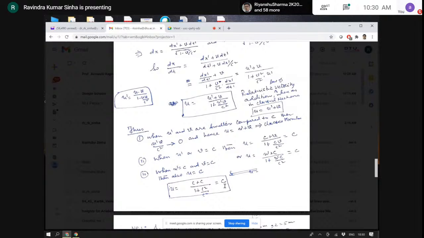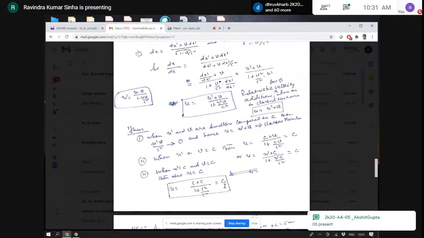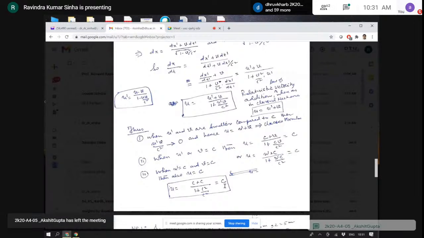Say one is moving at 0.8 c and the other at 0.5 c toward it. Classically the relative velocity would be 1.3 c, but it will not be. Using the Lorentz law of addition of velocities, we can prove that the relative velocity recorded will be equal to c.